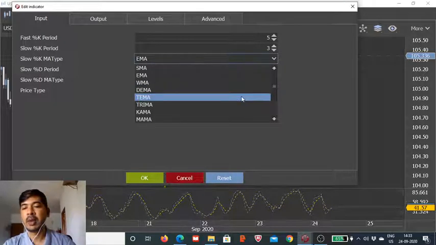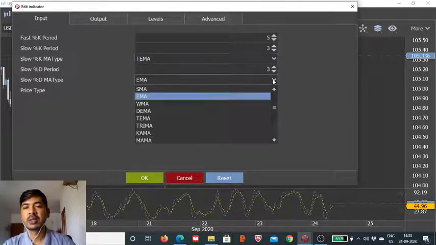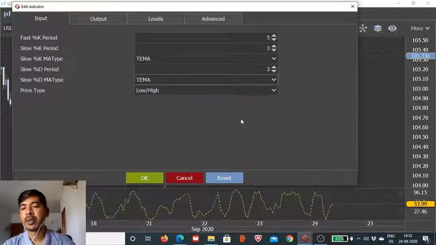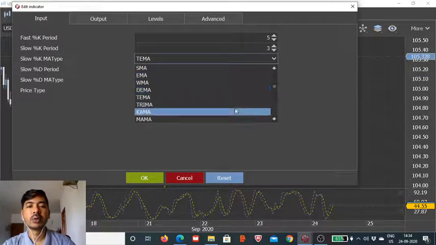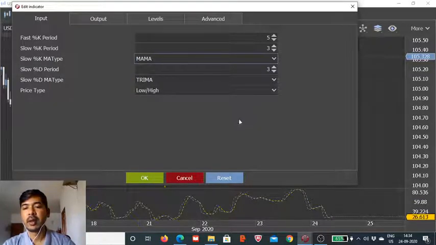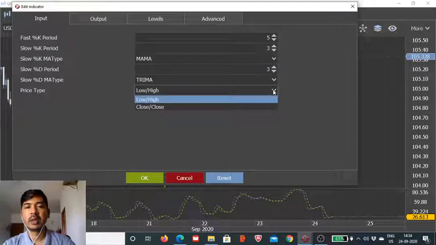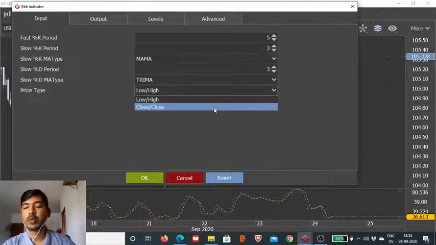If I make it TEMA, again it has changed, and now again it has changed. It's not really necessary that you use the same MA type for both the slow K and slow D. You can even choose different types. Here you can choose, say, MA, and you will have a change in the output value.